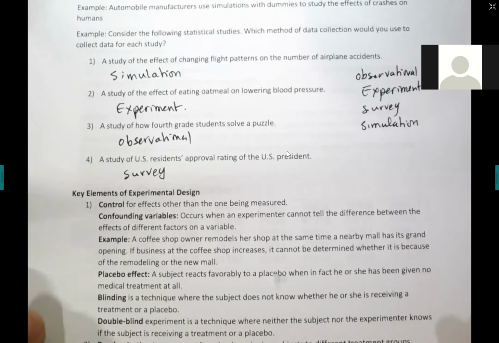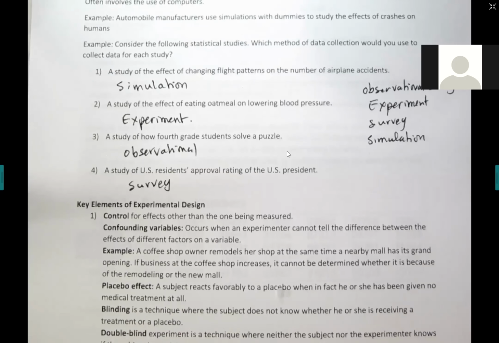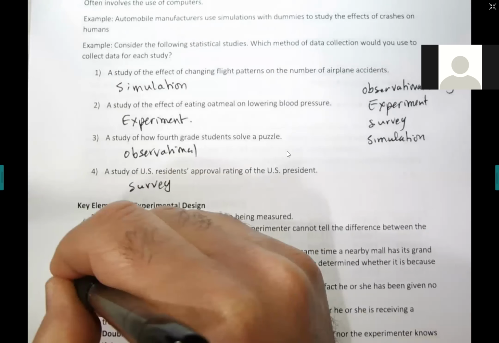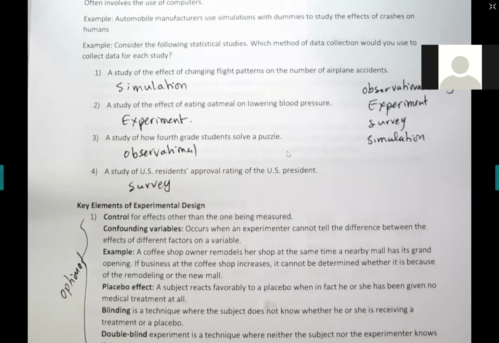Key elements of experimental design. This is, guys, optional. It's not required, and you will not see any problems in the homework that reflect on that. But I just have to tell you something. When they do an experiment, they bring 2 groups. One group gets an actual treatment, another group gets a placebo, a water pill. And usually they don't tell the group getting the water pill that they're getting nothing.